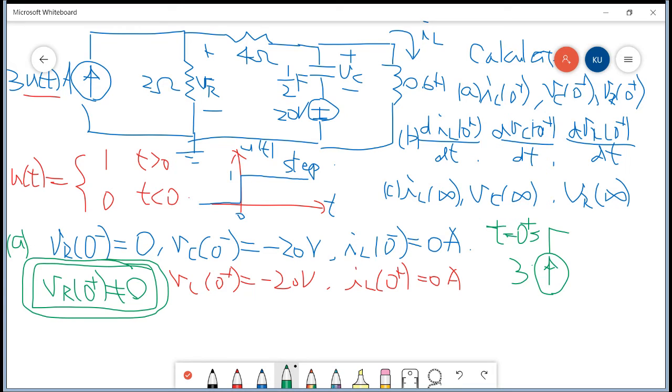And so this is 2 ohm. And this voltage is also 0 at t equals 0 plus, which means that it will simply be like this.